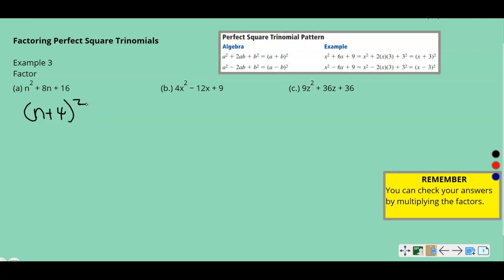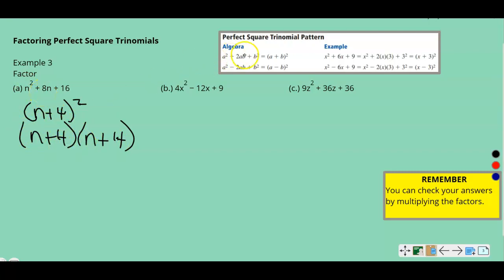Now, you can check that because n plus 4 quantity squared is the same as n plus 4 times n plus 4. After you practice this for a while, you won't need to check it because you're going to understand that it works the same way every time. But the middle term is just kind of built in. n times n is n squared. n times 4 is 4n plus another 4n is 8n.